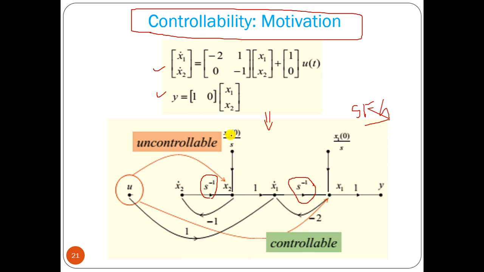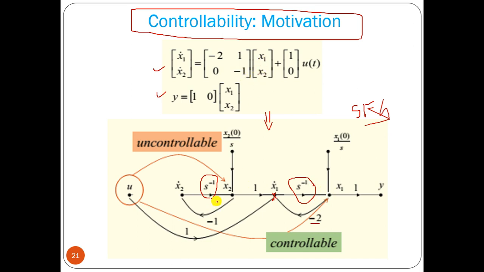Now x1 dot equals minus 2x1, so from x1, minus 2 comes here, and 1 for x2, so that is why this 1 is here. x2 dot equals minus x2, since x1 is not connected to x2.